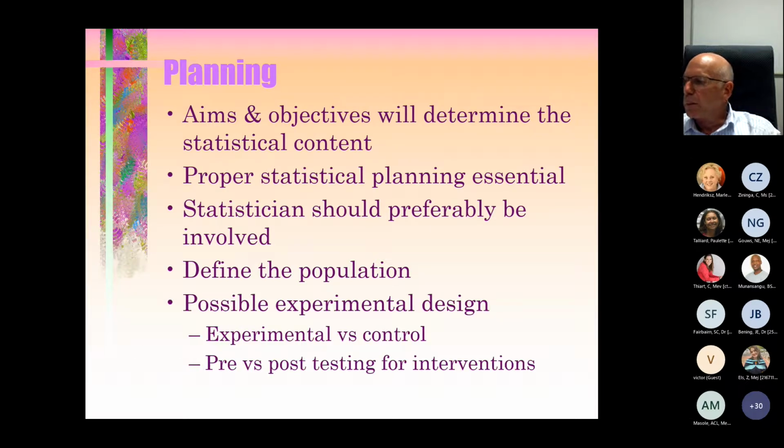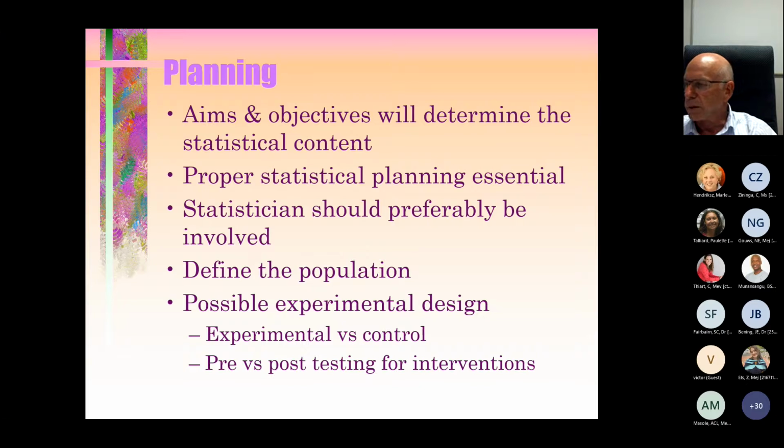Then there are possible experimental designs that one can consider. I've just indicated two typical experimental designs where if you have some kind of intervention, you will have an experimental group that was subjected to the intervention, and you might have a control group that was not subjected to the intervention, or might decide to measure pre and post, before and after the intervention.